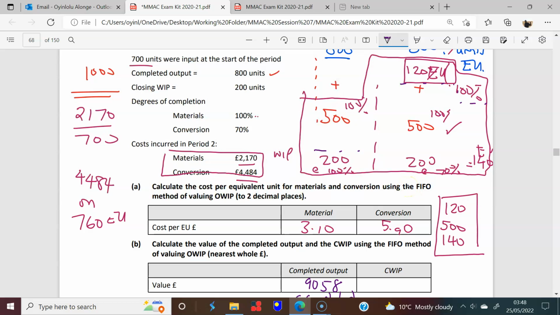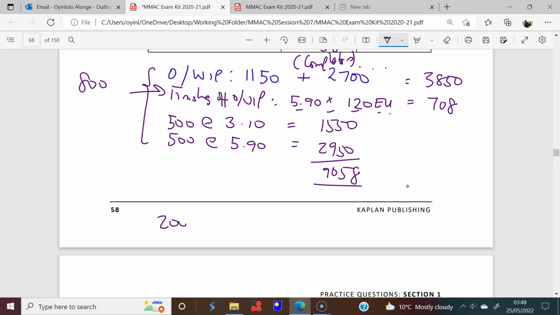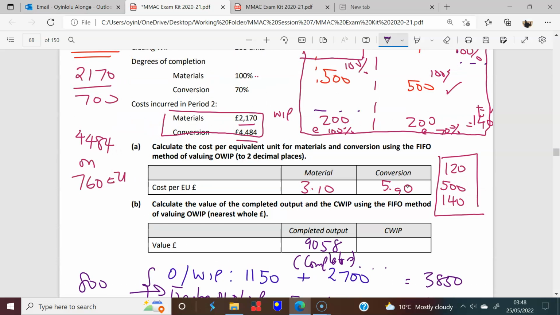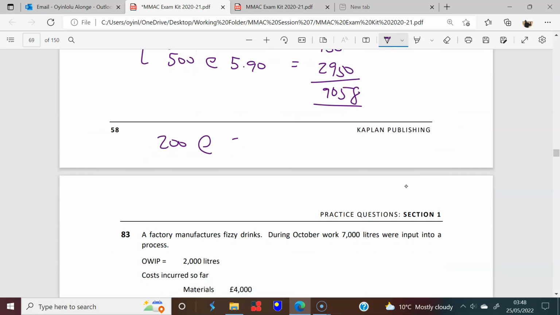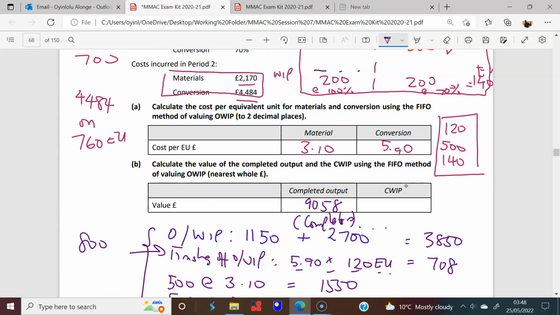In terms of closing work in progress, we are literally, again, just attacking this area. We are 200 units complete at 100% and 140 equivalent units complete. And so, therefore, we have 200 units complete at £3.10 plus 140 units complete at £5.90.